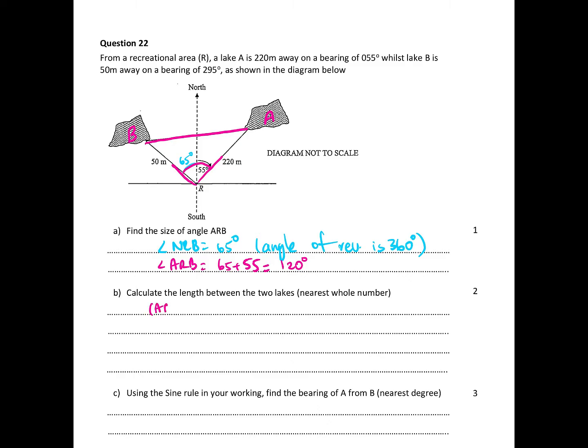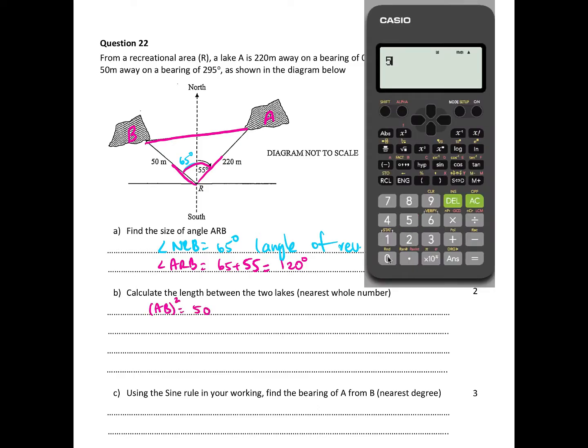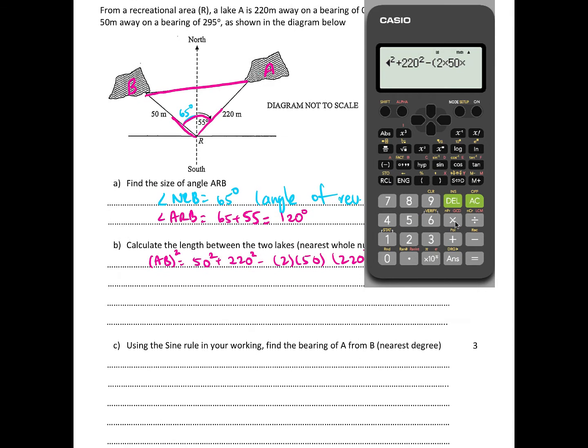So AB squared is equal to 50 squared plus 220 squared minus 2 times 50 times 220 cos 120. Plug that all in on your calculator and you get 61,900. To get AB on its own, I'm going to have to square root that, and to the nearest whole number that rounds to 249 meters.